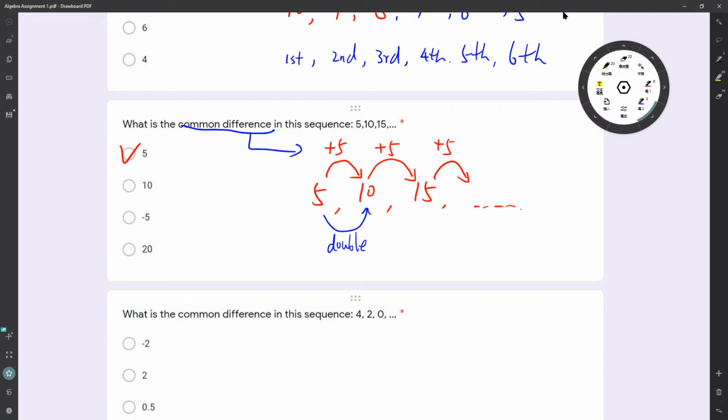If you assume the pattern is to double, then it should apply to the next, so the double should apply also to this one here. But from 10 to 15, it's not doubling, right? Therefore, if a pattern doesn't apply to every term, then it's not the pattern.